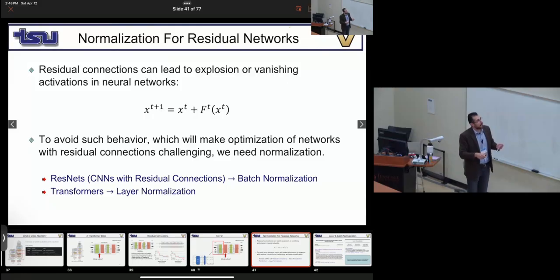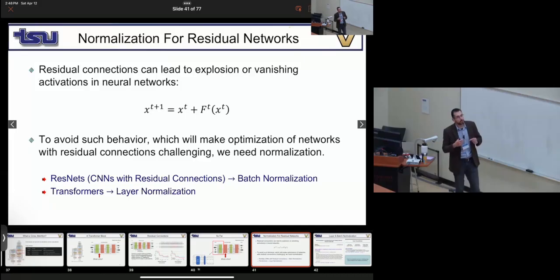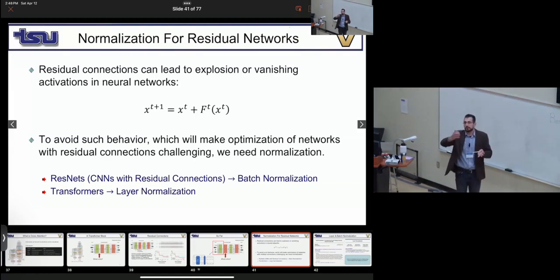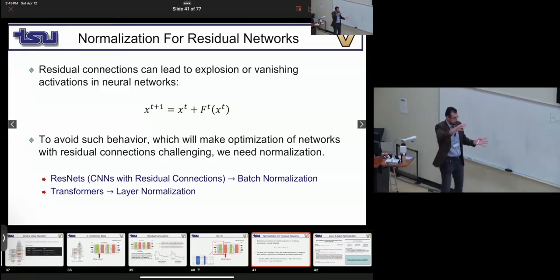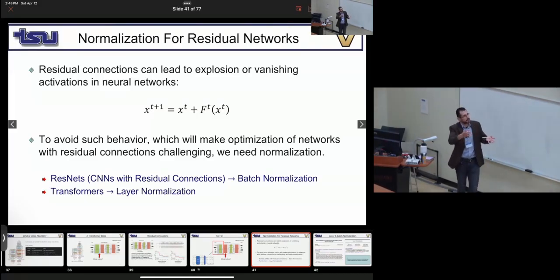To avoid this numerical instability and allow for good optimization, we need to do some sort of normalization. So we normalize these xt's, and then when we are updating things, we make sure that we remain mean 0, standard deviation 1, right? So every layer is going to remain in the same range of values, okay?